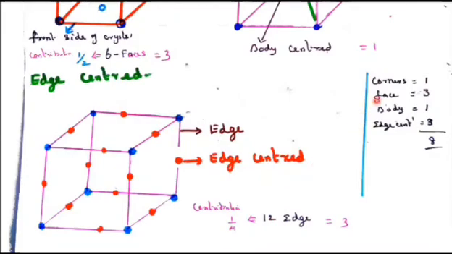So simple cubic has 1, face-centered cubic has 3, body is 1, and edge center is 3.